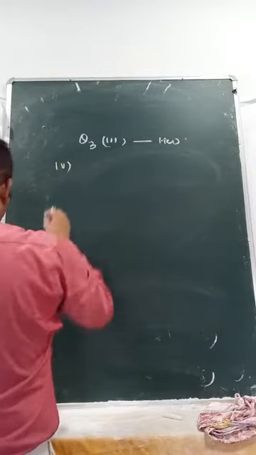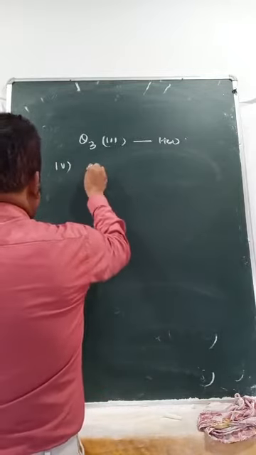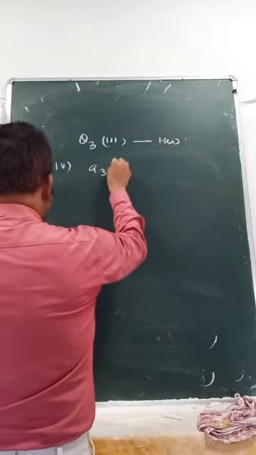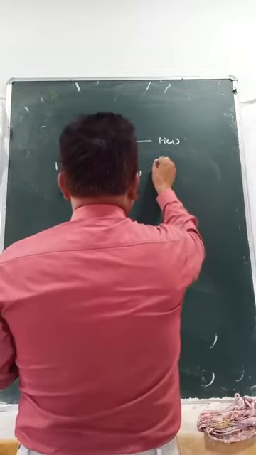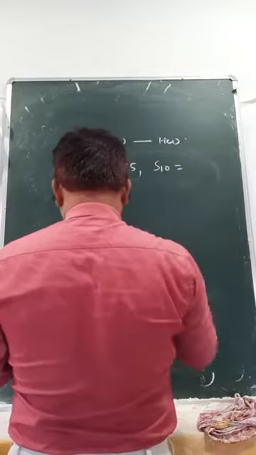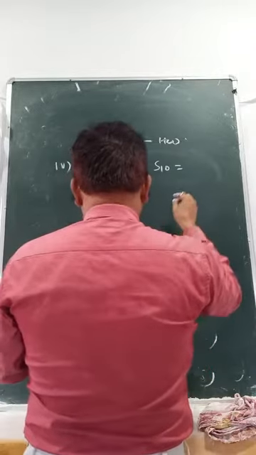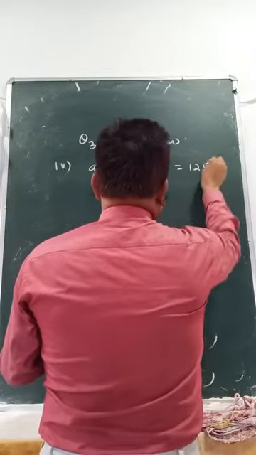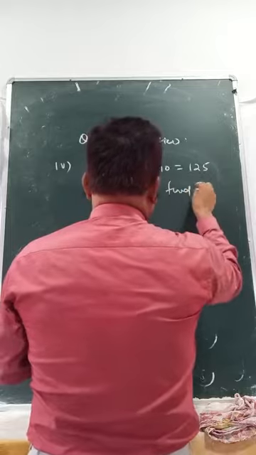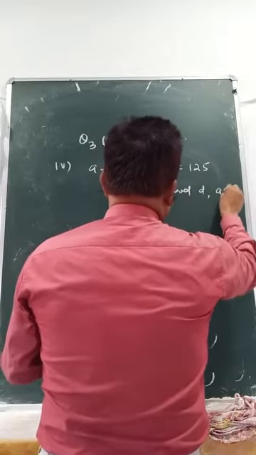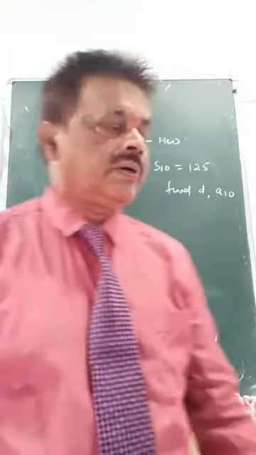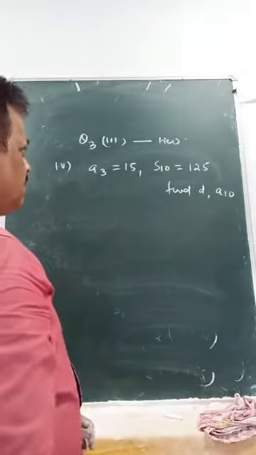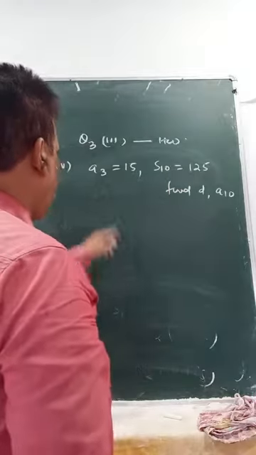Fourth part. Given A3 equals 15, S10 equals 125. Find A10. Okay, so look here.